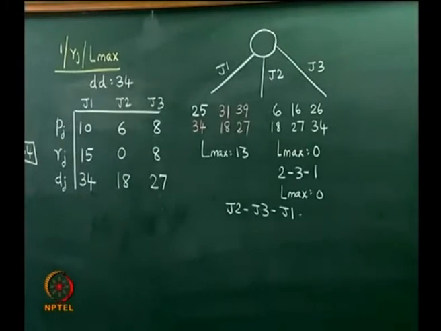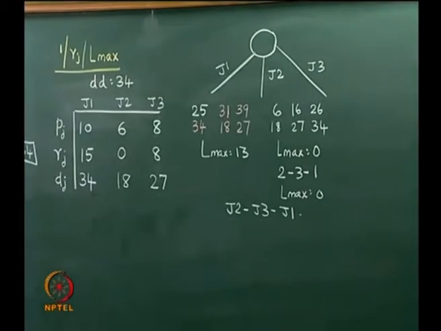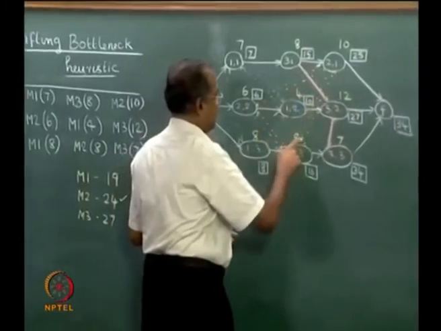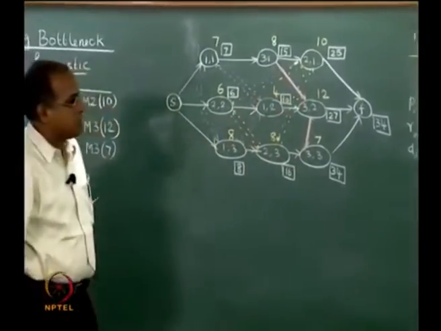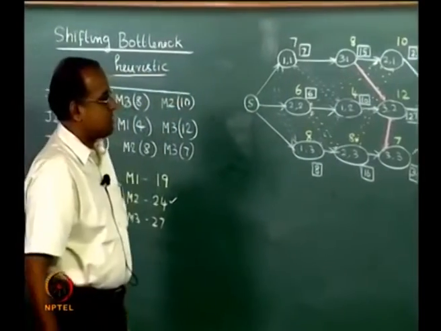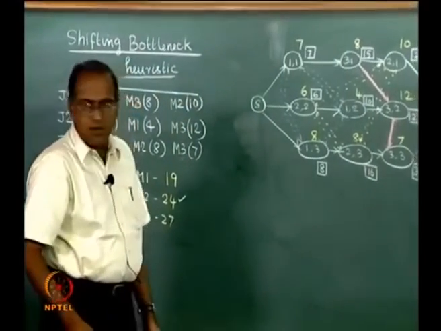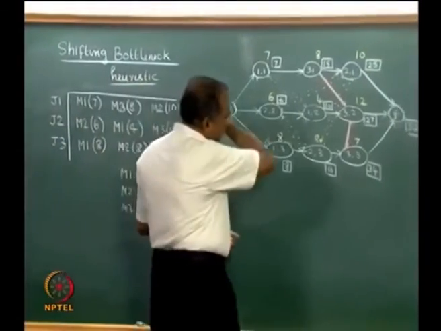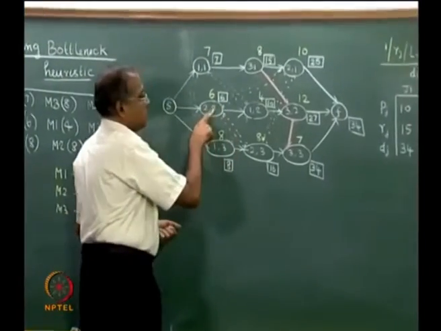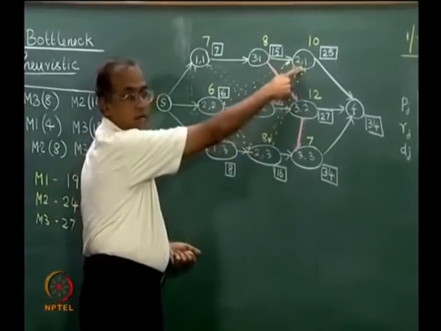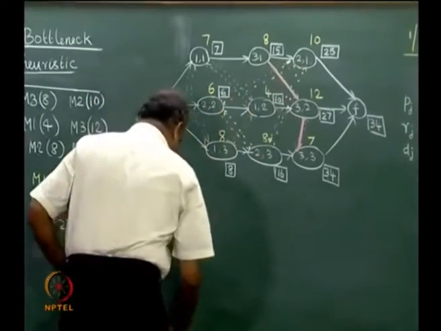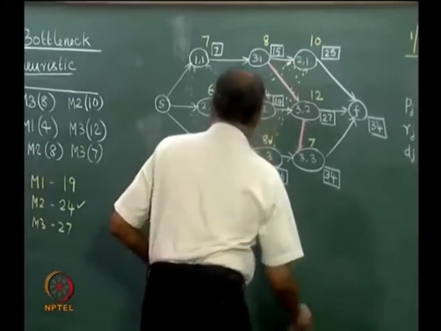Now, we superimpose this on M2. So, M2 is shown with the yellow color. So, these 6 arcs are there. So, the sequence is J2, J3 and J1. So, first on M2 we will do J2, then we will do J3 and then we will do J1. So, we have to update this.